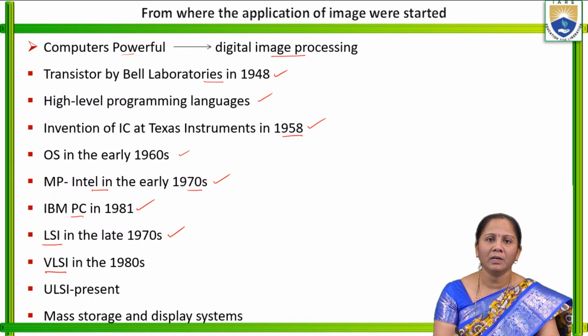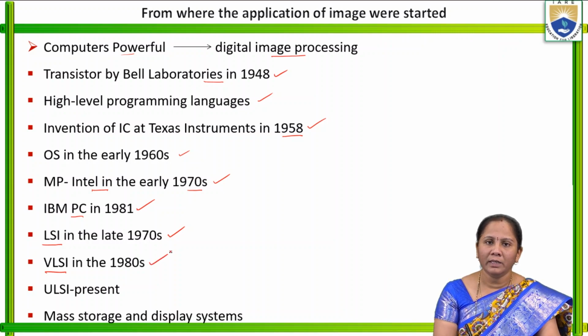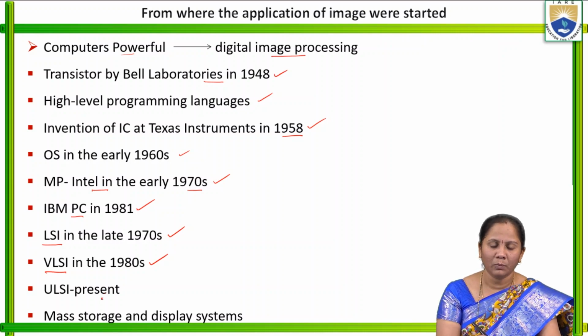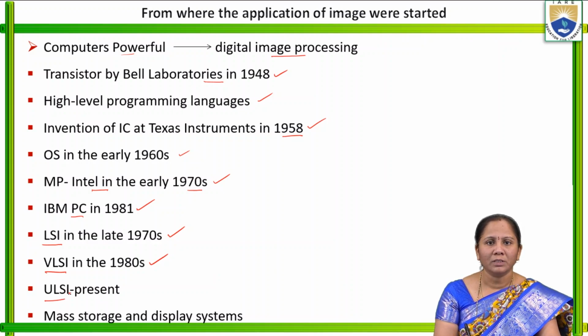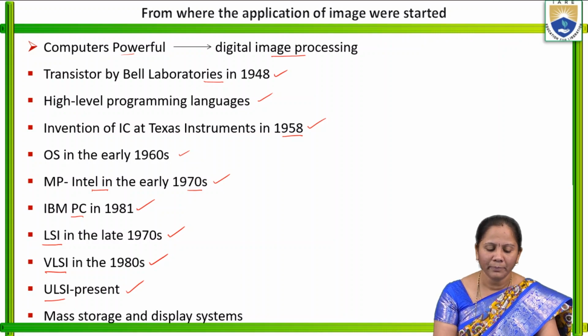VLSI stands for very large scale integrated circuits, used in digital computers. And in the year 1980, after VLSI, the next advancement was ULSI technology, that is ultra large scale integrated circuits. And these are the ICs that are used currently.